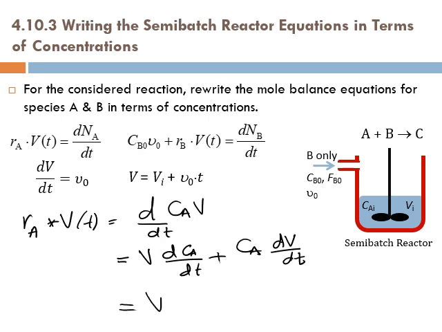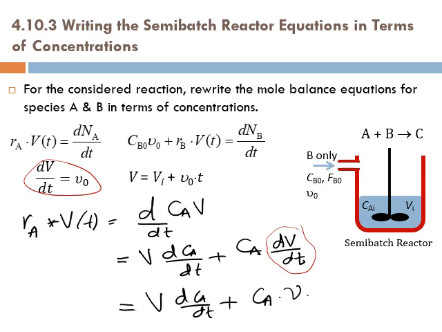And then we have here V dCA by dt plus CA times dV by dt equals epsilon naught. So multiply by epsilon naught, and of course here you have RA times V, which is a function of V. You can divide by V, so let's divide by V.